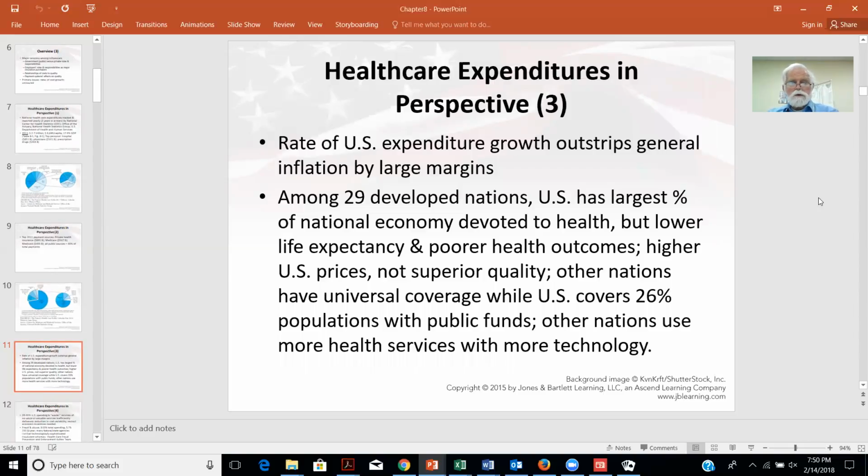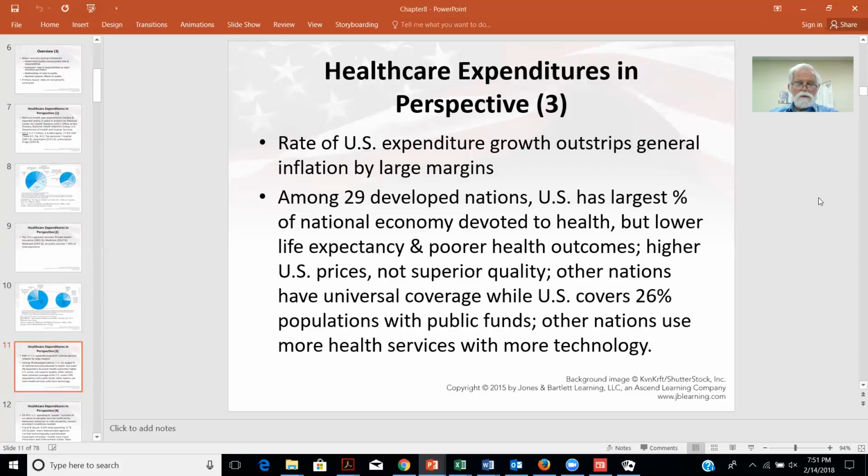The U.S. has the largest percentage of the economy devoted to health, but lower life expectancy, poorer health outcomes. So higher prices do not necessarily lead to superior quality. Other nations will have universal coverage, while public funds only cover about 26% of our nation's people.